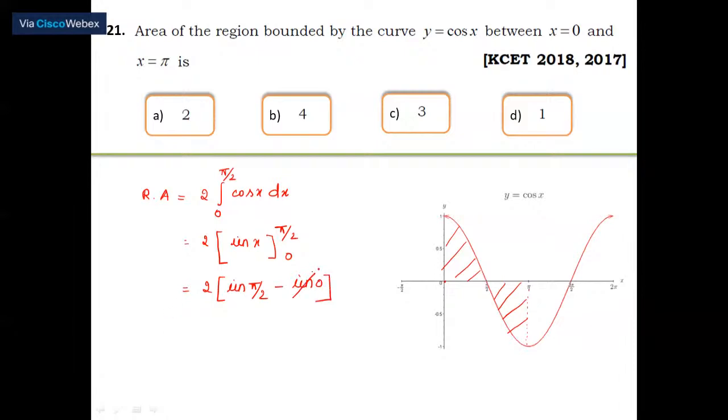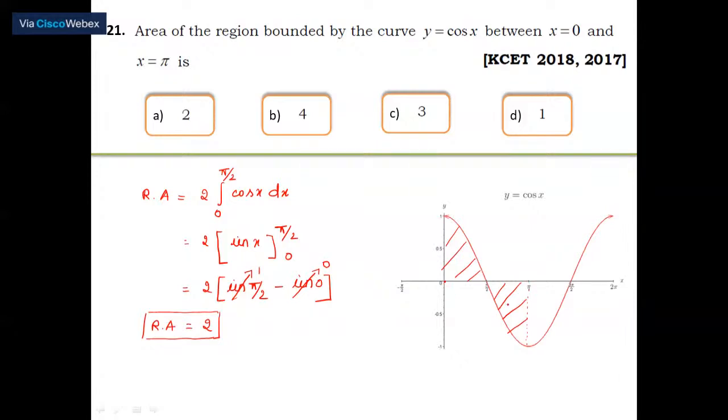We know that sine 0 is equal to 0 and the value for sine pi by 2 is 1. So the required area is 2. And without doing integration also, you can remember this. That is, the area bounded by the curve y is equal to cos x from 0 to pi is always equal to 2.